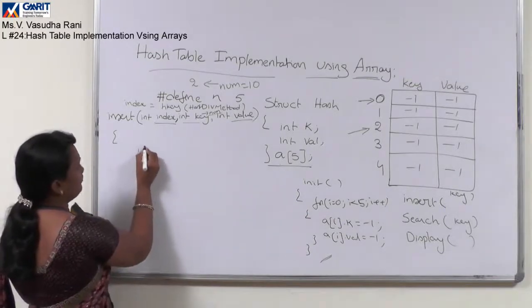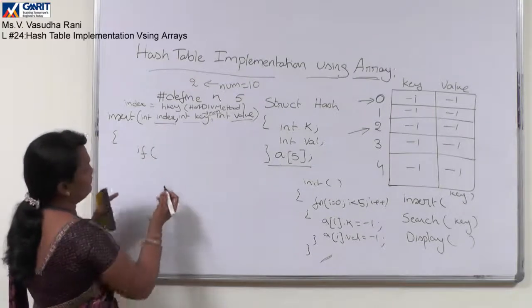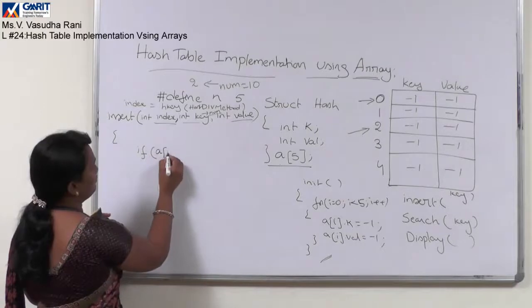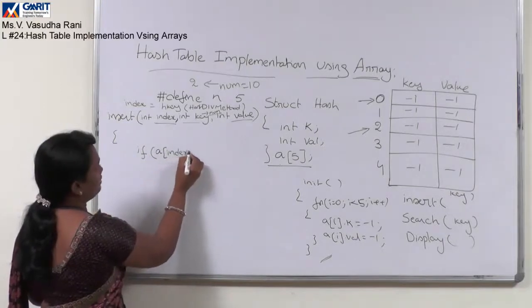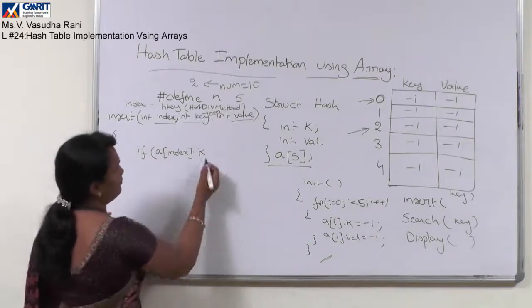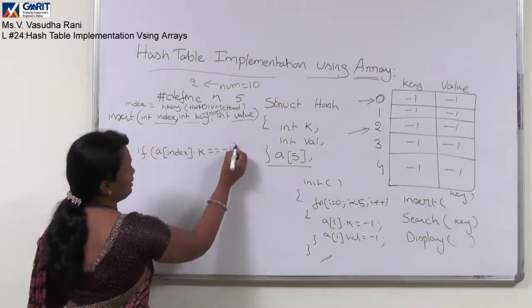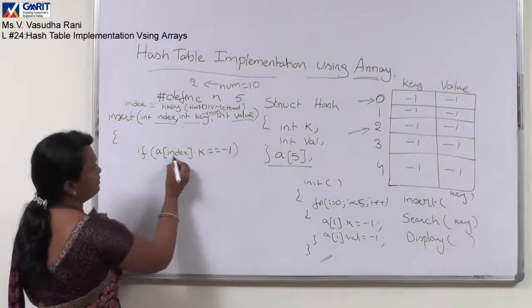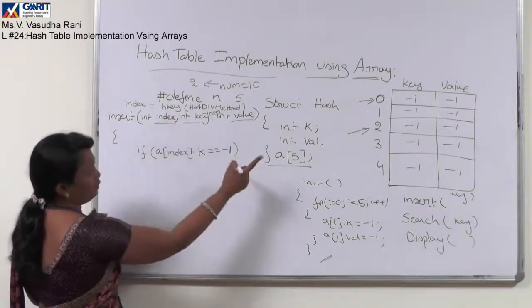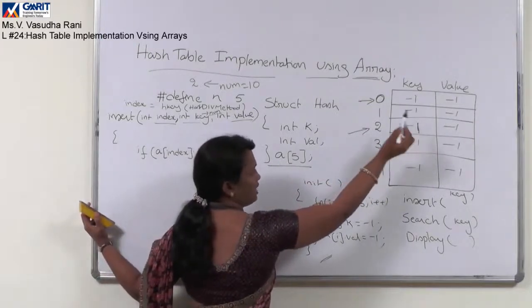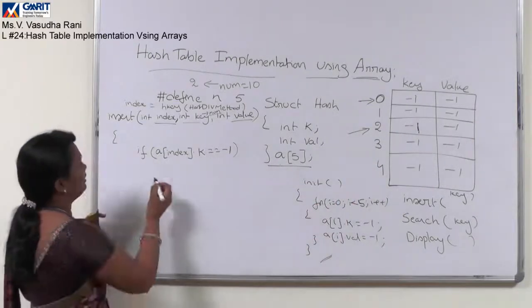How to check whether this is empty or not? It is: if A of that particular index dot k is equal to -1, it indicates that our indexed location is empty. Here if it is -1, it is empty.